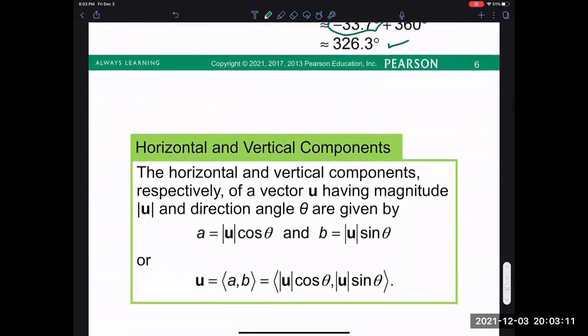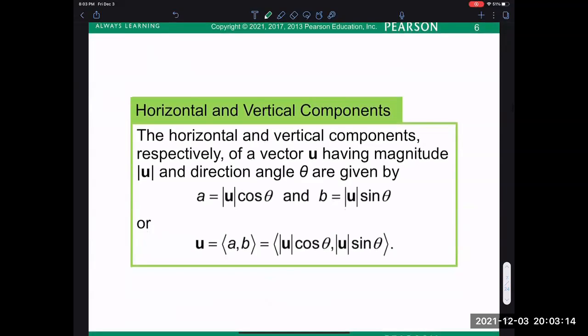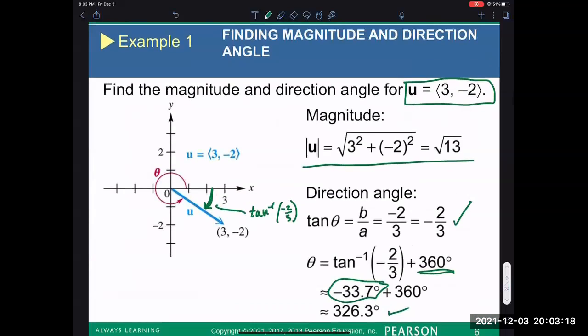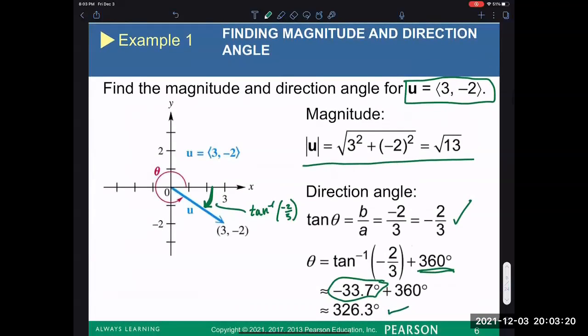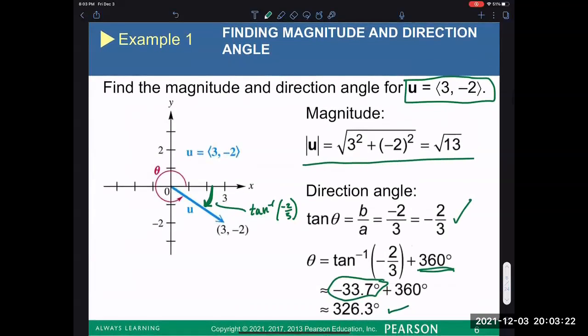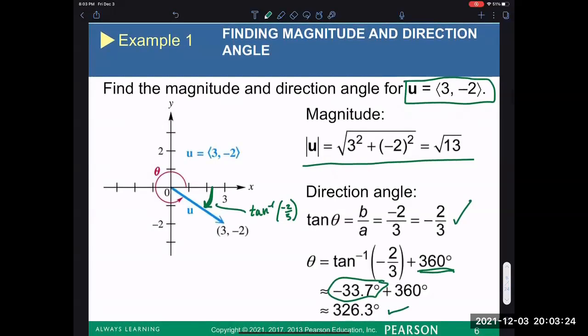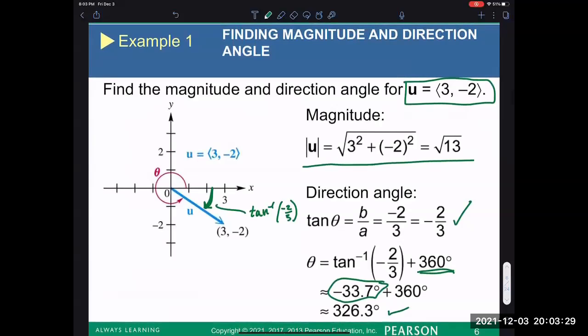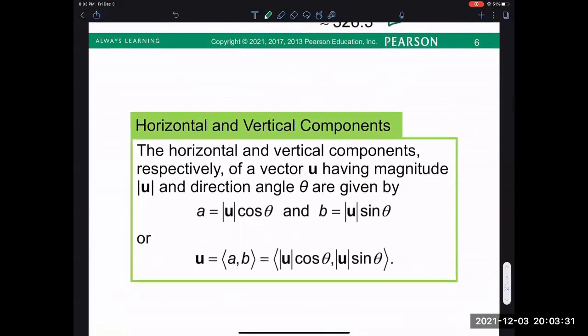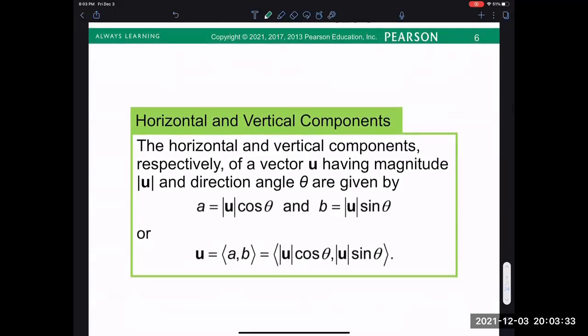So in the next example, we're going to consider the opposite direction, where instead of being given A and B and finding the magnitude and theta, what if we were instead given the magnitude of the vector and the angle theta? Then how would we find the terminal point AB to express the vector that way? To do that, they give us these formulas.